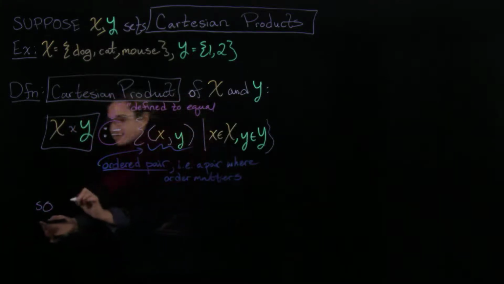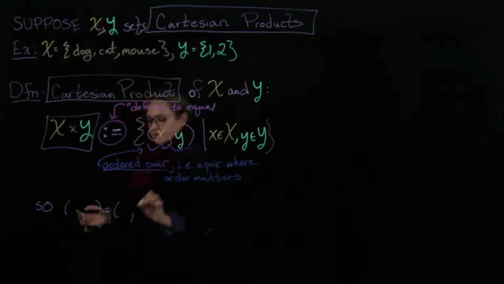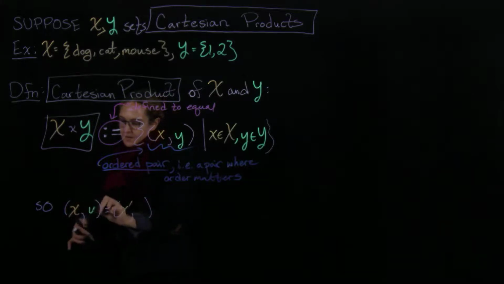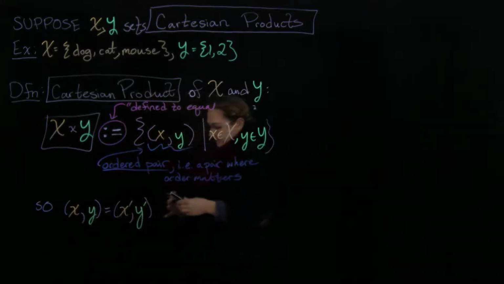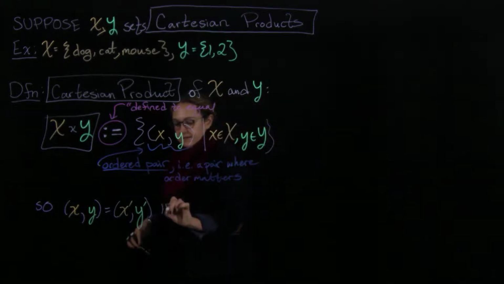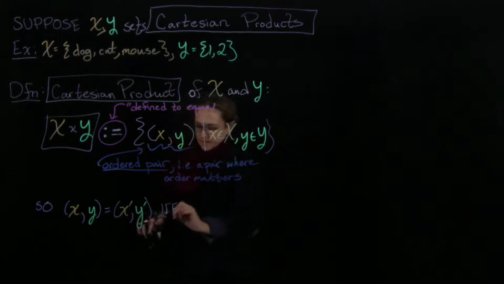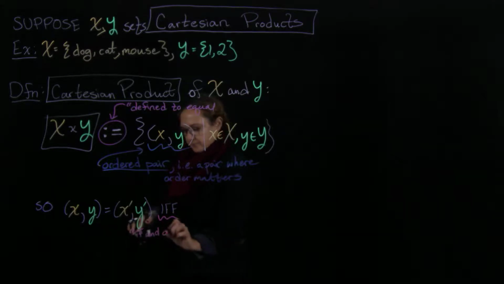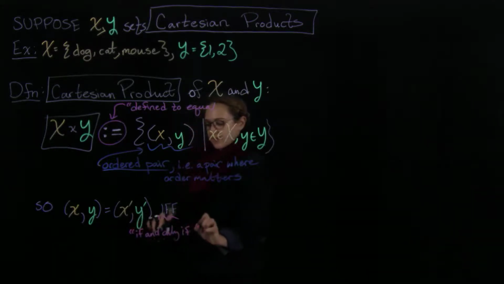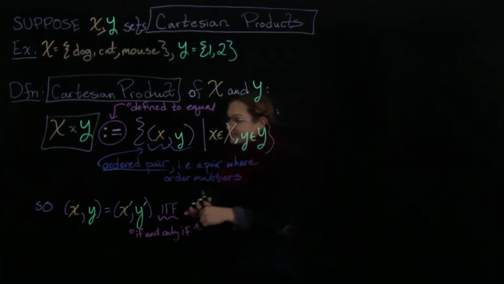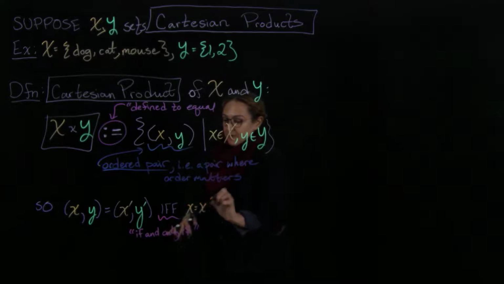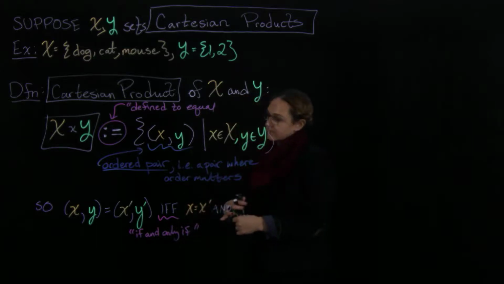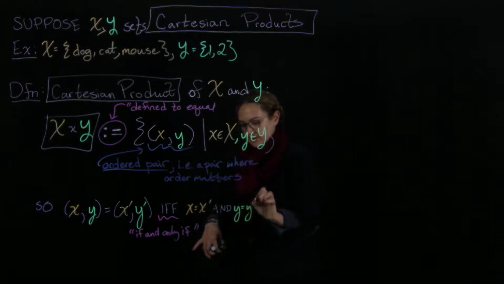If I have (x, y) and (x prime, y prime), they are the same if and only if, which is very mathy lingo, or you could think of it as precisely when, x equals x prime and we also need that y equals y prime. Both those things need to be true.